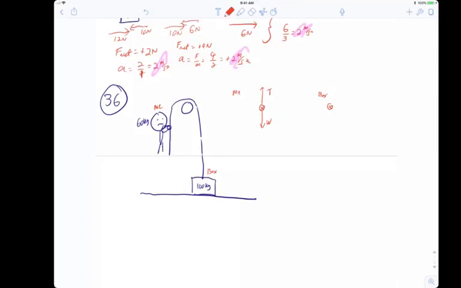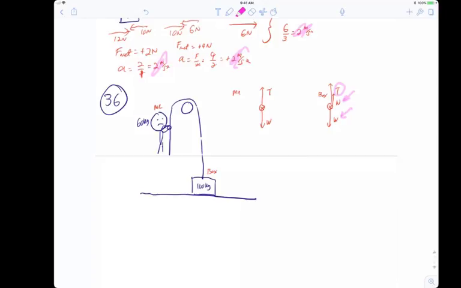Well, there's weight, there is tension, but there's also a possible normal force, because it's also touching the ground. And so what this means is that the tension force here doesn't need to be as big as the weight is, because the normal force can also help cover the downward going force.